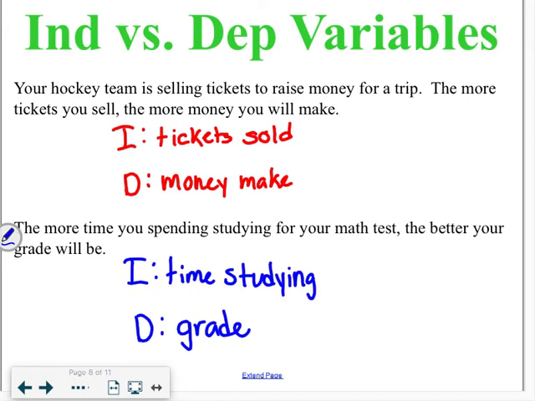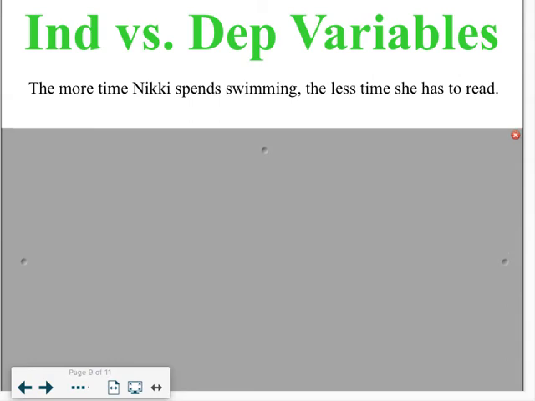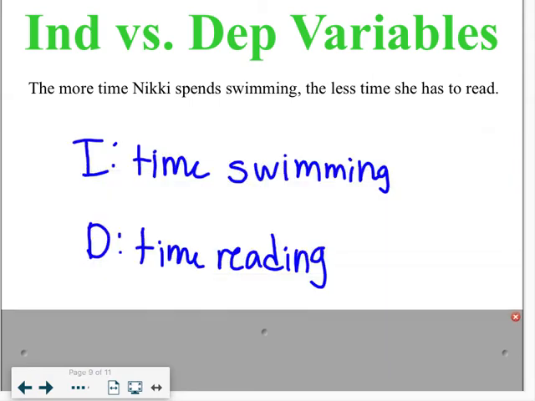Generally, more studying, higher grades. That's usually how it works out. Go ahead, see if you can identify the independent and dependent variable in this scenario. Independent is the time spent swimming. Dependent is the time spent reading. The more she swims, the less hours in a day she has to read.